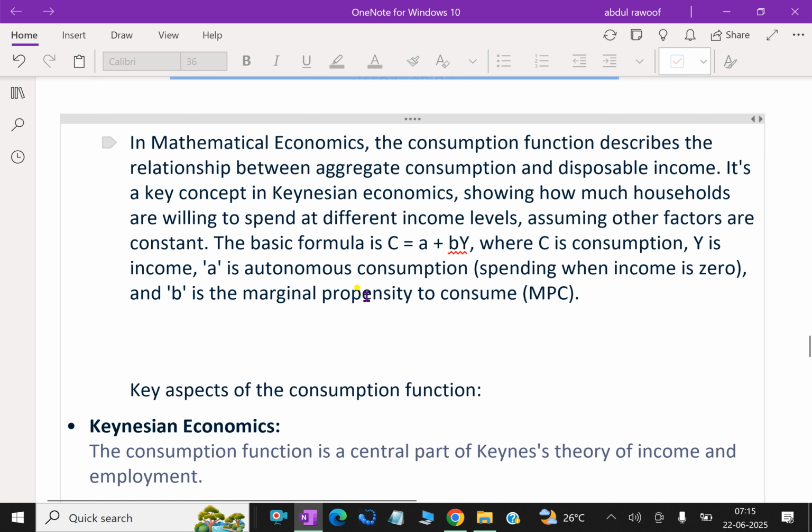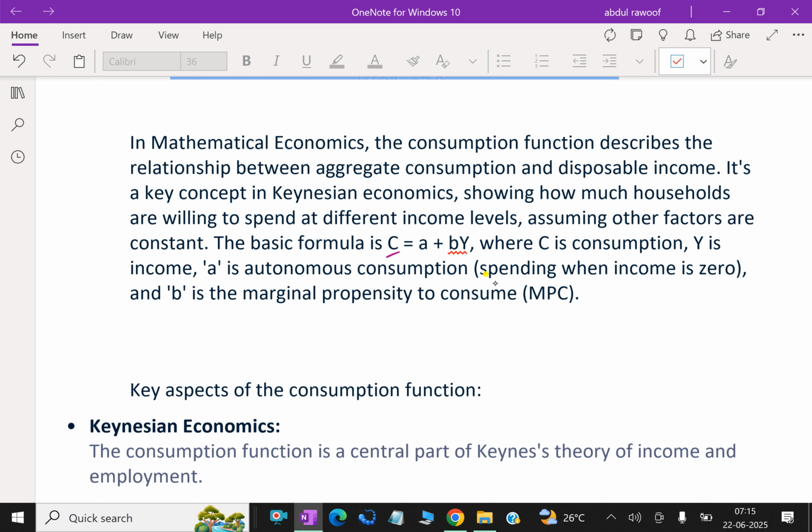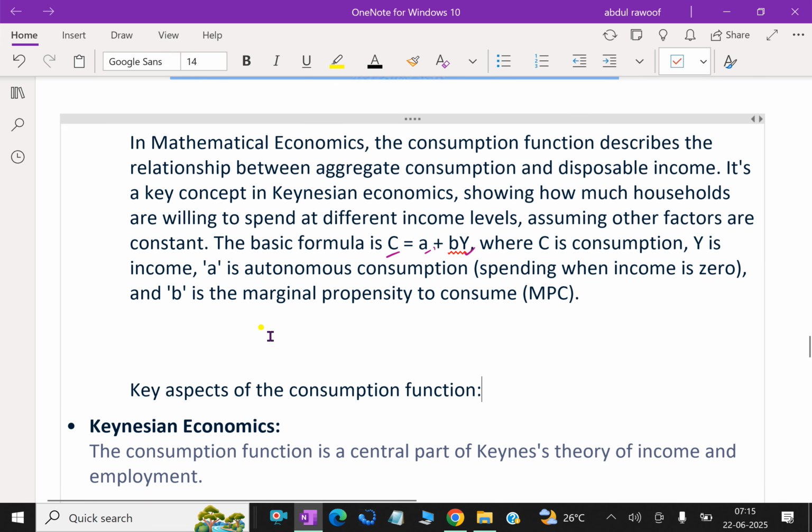The basic formula is C equals A plus BY, where C is the consumption, Y is the income, and A is the autonomous consumption, spending when income is zero, and B is the marginal propensity to consume, MPC.